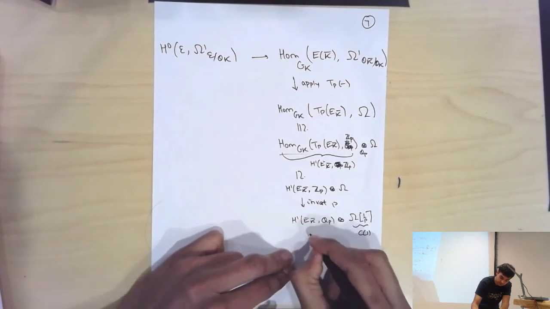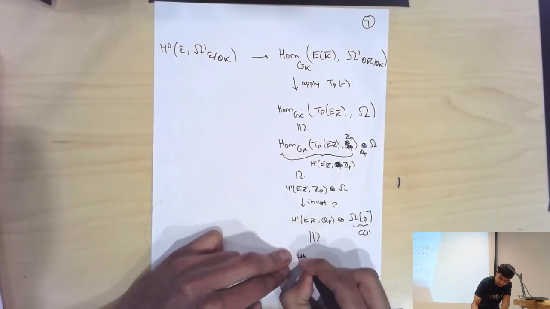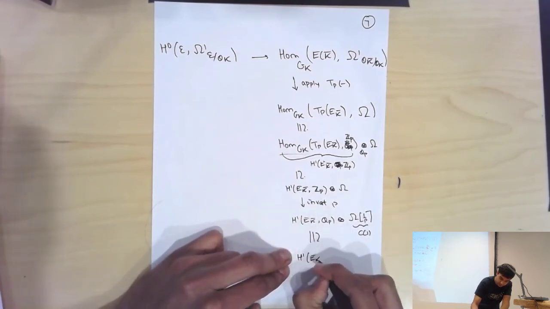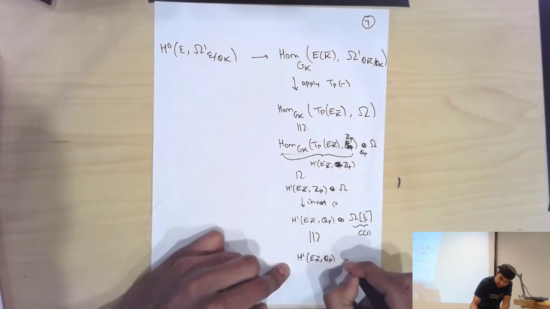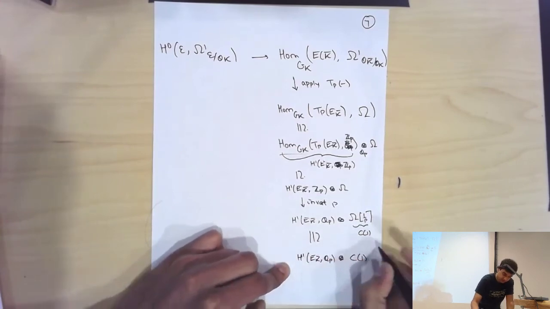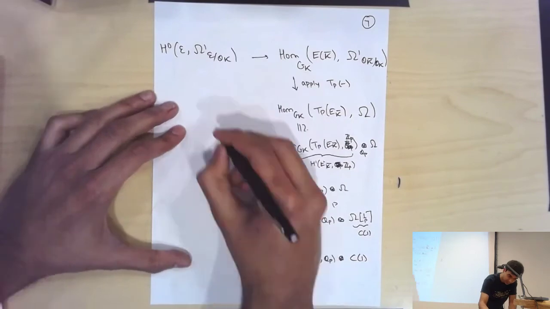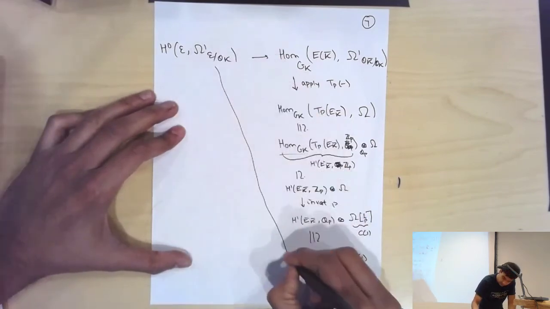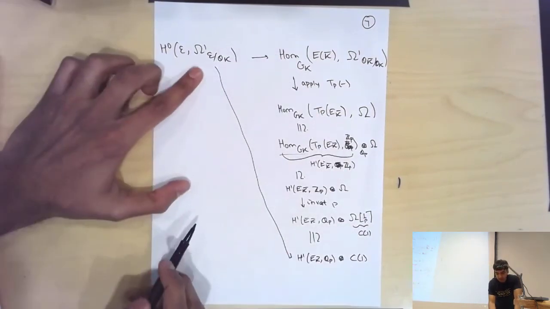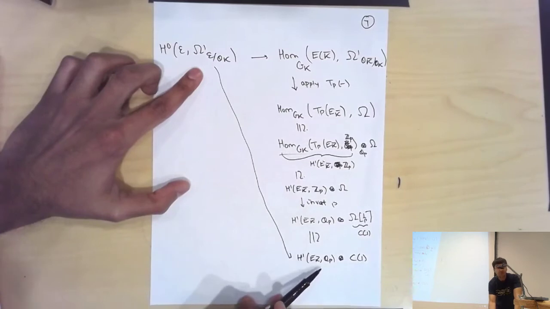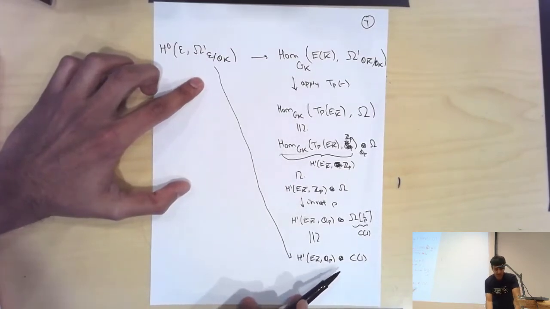And so therefore this gadget is the same as H1 of E of K bar, coefficients in Q_p, tensored with C_p of 1. And so at the end of the day, you get a map from one forms on the integral model to the étale cohomology with the Tate twist of 1. But the right-hand side is a rational vector space, so I can just invert p.